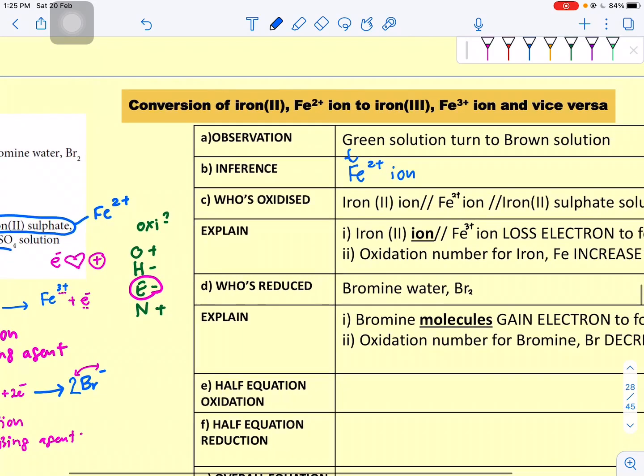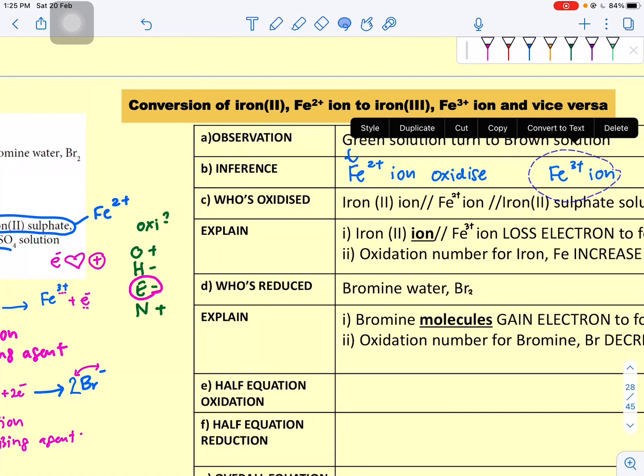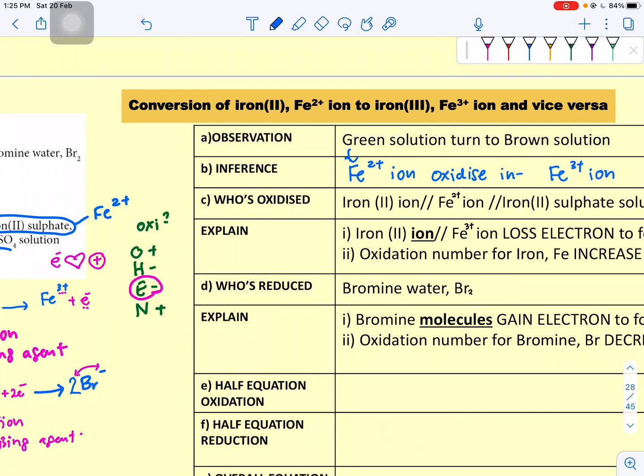Iron 2 ion has turned into iron 3 because it is oxidized into iron 3. So iron 2 ion is oxidized into iron 3 ion. That's the reason why it looks brown.